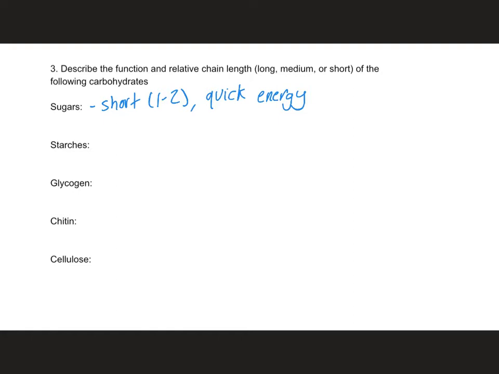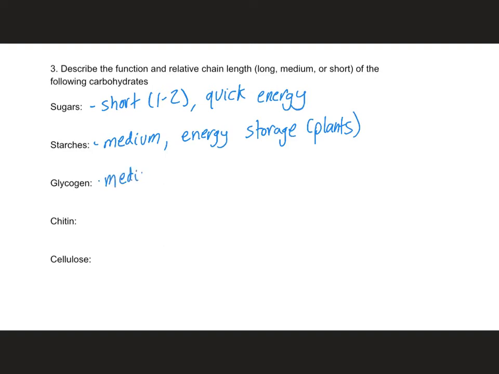So this is your first immediate source of energy. Starches are a medium chain, and they are energy storage for plants. So starch can be broken down back into sugars and then used for energy, but it can be stored in this starch molecule within the plant.